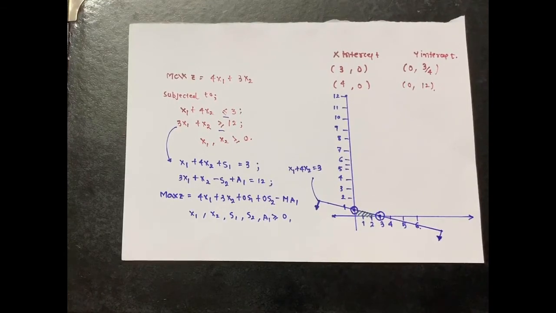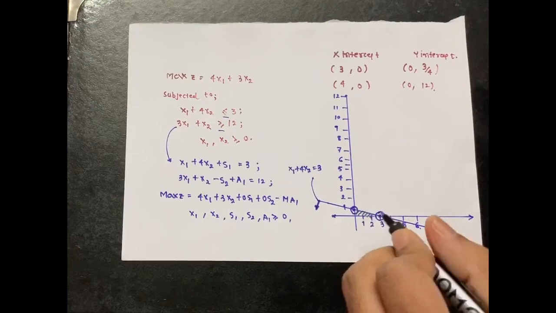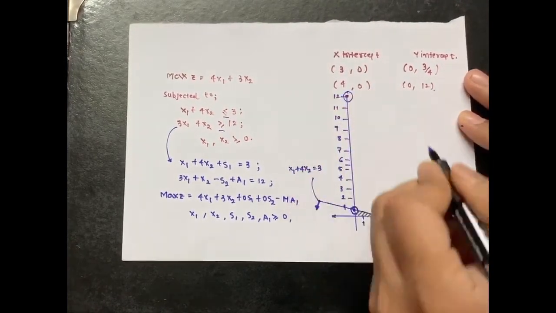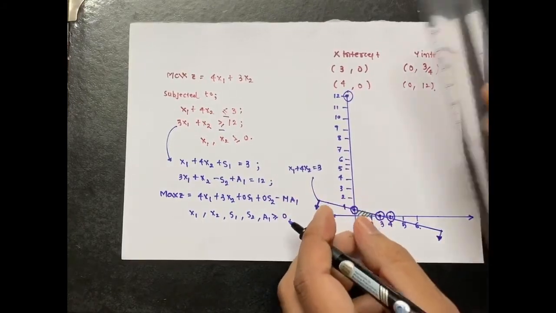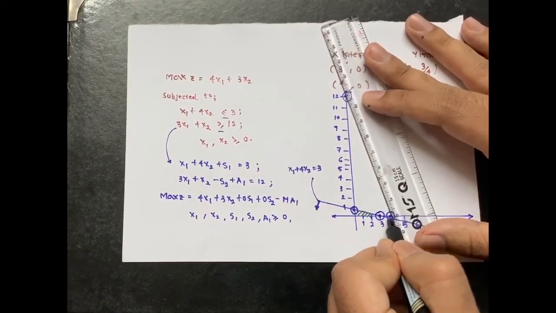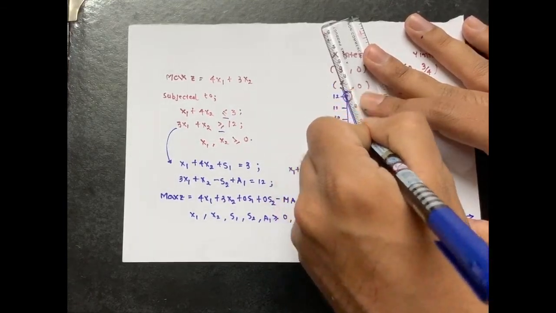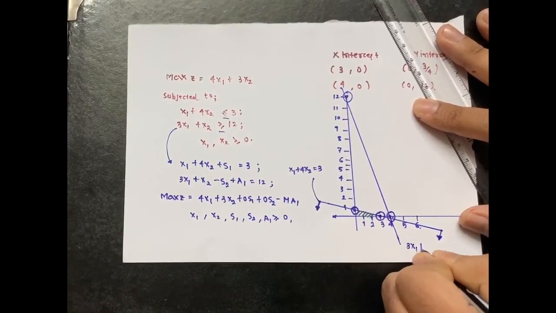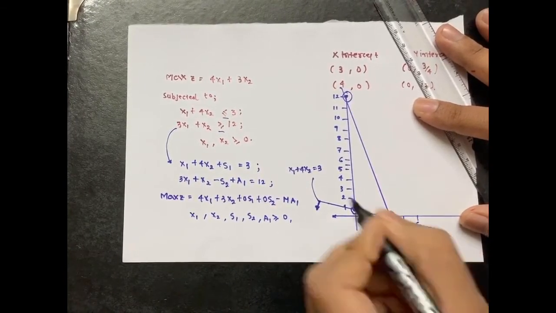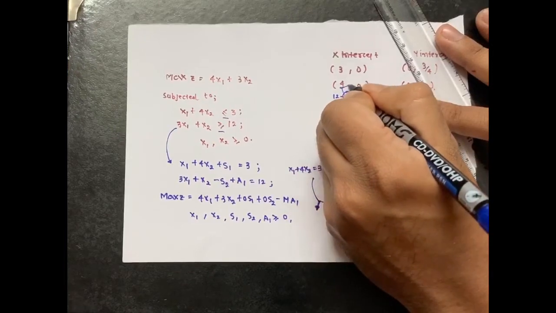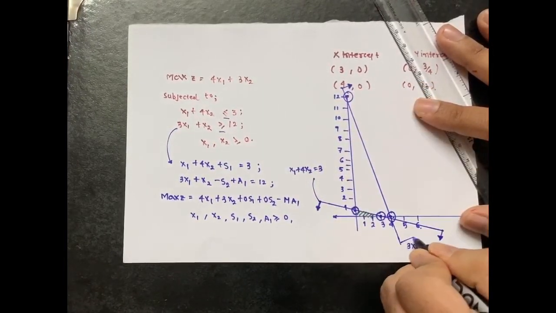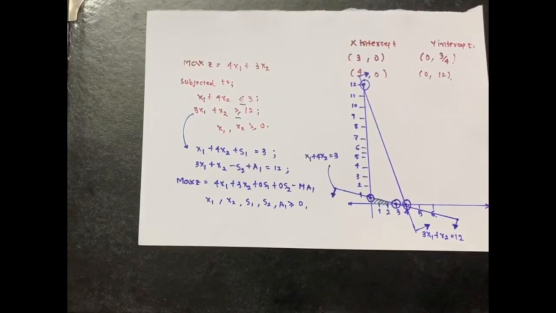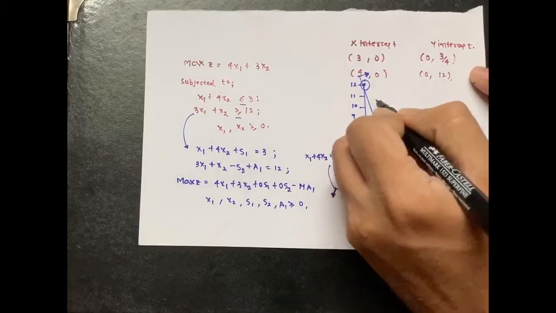Now if I make an attempt to plot the second line, that is 4, 0 and 12, 0. So 4, 0 and 12, 0 are our points, and if I quickly connect them, this will be the line for our 3x1 plus x2 equals 12, but the sign over here is greater than or equal to type. So if I plot it over here, this will be the region, and in this case this is my feasible region.